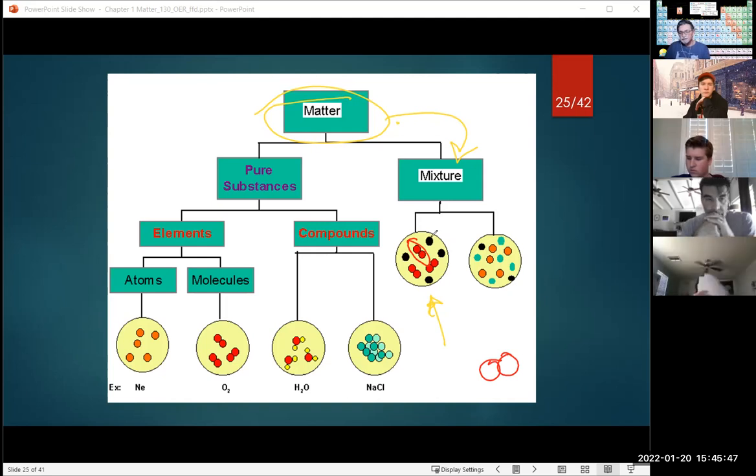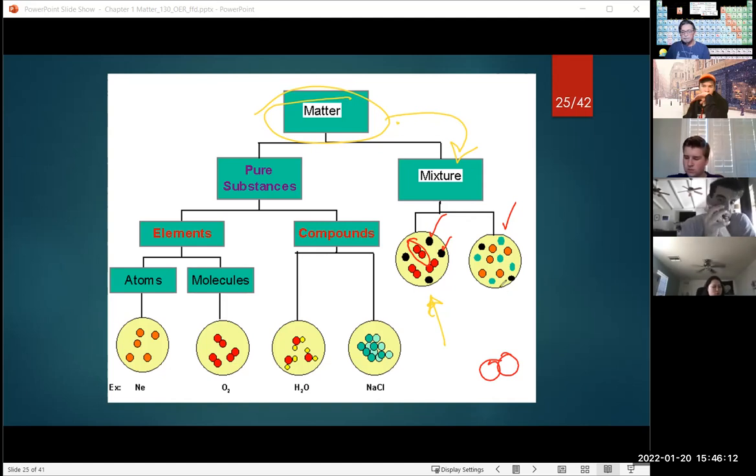And then we have the spheres all by themselves, in black color. So here we have a mixture of a diatomic element and some other element. On the right, we have a magenta color and the red and the black, so it looks like we have a mixture of three different elements.